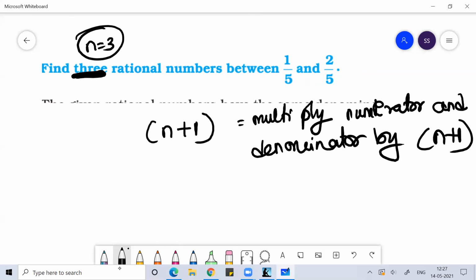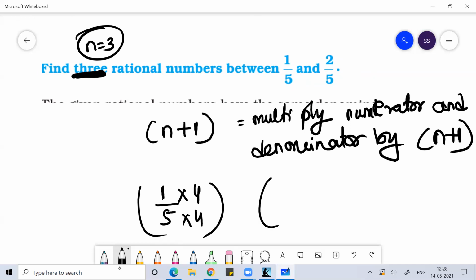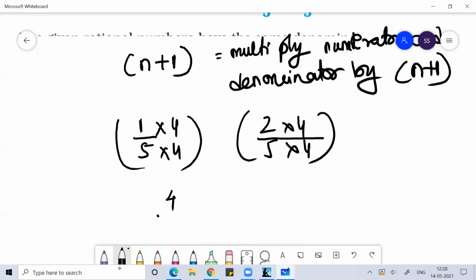That method is given. So multiply 1 by 5 by 4 into 4, and 2 by 5 by 4 into 4. Ultimately, 1 by 5 can be written as 4 by 20, and 2 by 5 as 8 by 20.